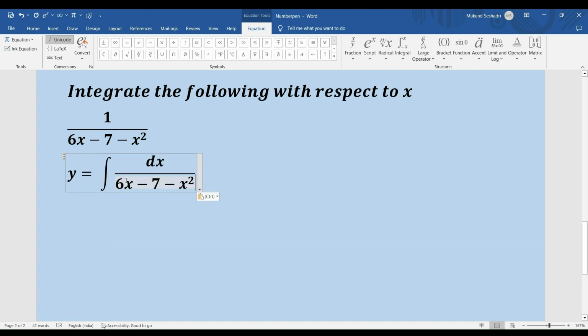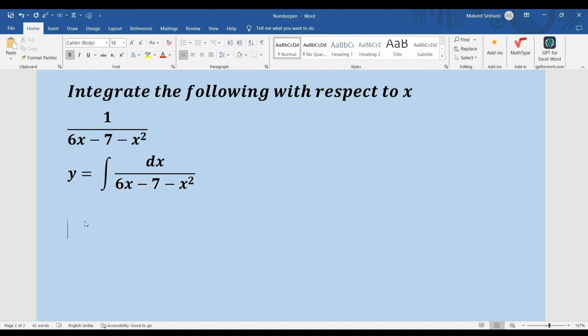That's my y. Before I jump into my y, let me spend a bit of time trying to rewrite this quadratic expression in a manner which will help us integrate this in a much simpler way, right? So I notice that in the denominator, I have a 6x minus 7 minus x square, right?